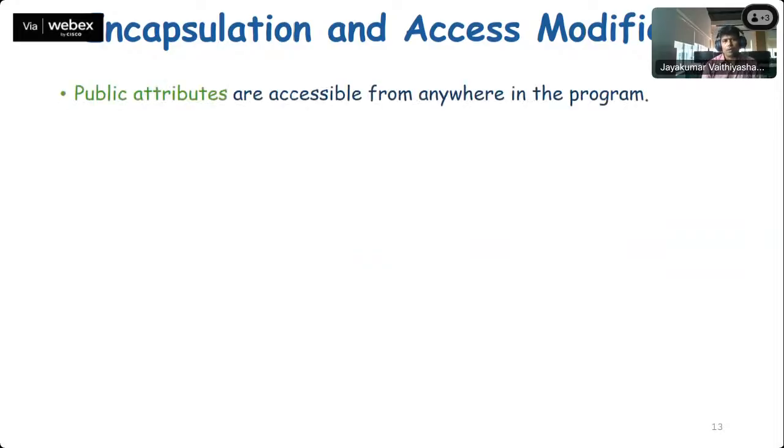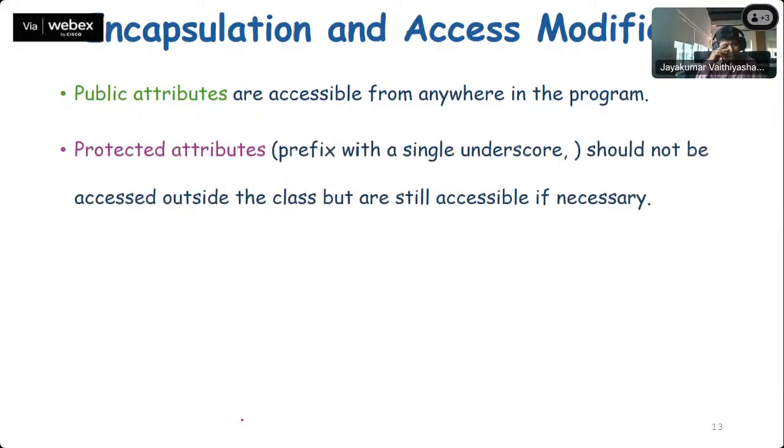Public attributes are accessible from anywhere in the program. If you are writing a whole program and the attribute is public, you can access it from anywhere. Protected attributes are like restricted places: you need some permission. They should not be accessed outside the class, but are still accessible if necessary.